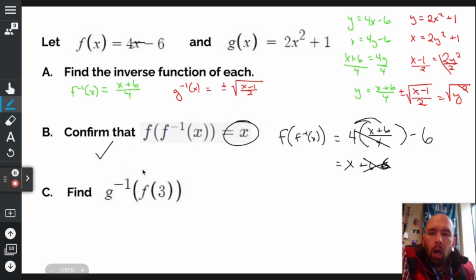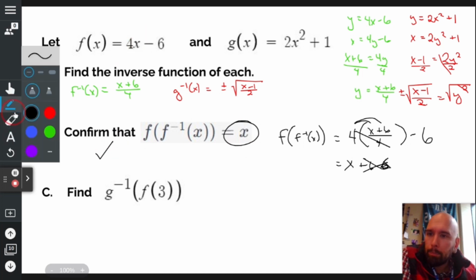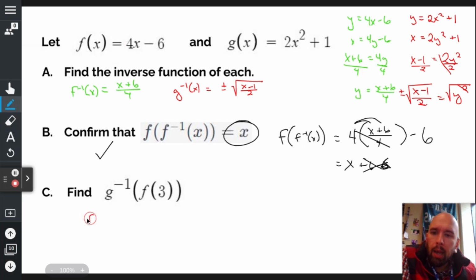Confirmed. Find g inverse of f of 3. Well, let's find out what f of 3 is. f of 3 is 4 times 3 minus 6, which is 12 minus 6, which is 6. So f of 3 is 6.